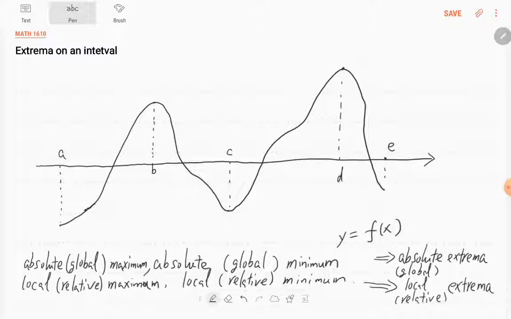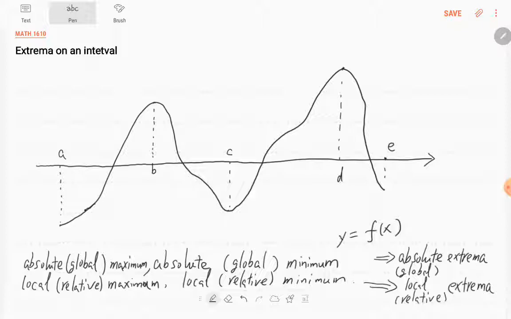The absolute or global maximum means the largest f value on the interval. Absolute or global minimum means the smallest value of the function on its domain. Both are called absolute extrema or global extrema.